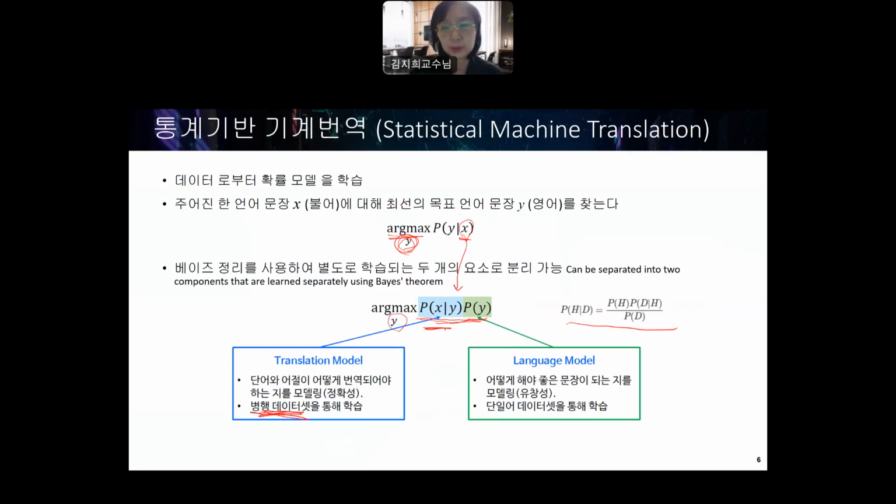The other part is the fluency, the language model: how natural the language is, how fluent the sentence is. This can be trained, in this case, on English. If you have a lot of English sentences, we can measure how fluent and consistent a particular sentence Y is.